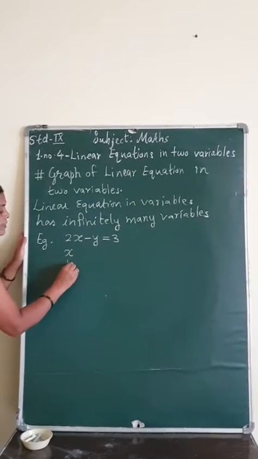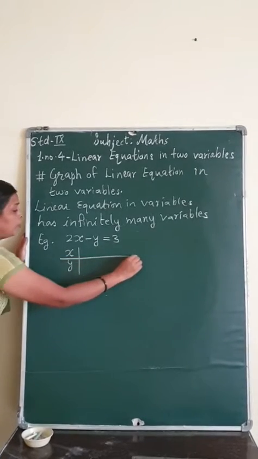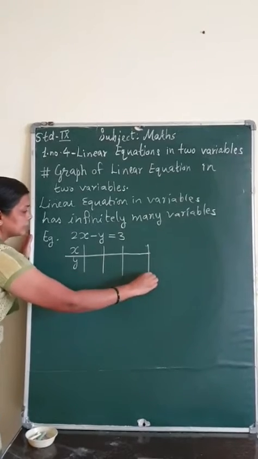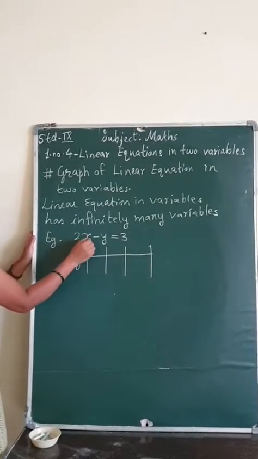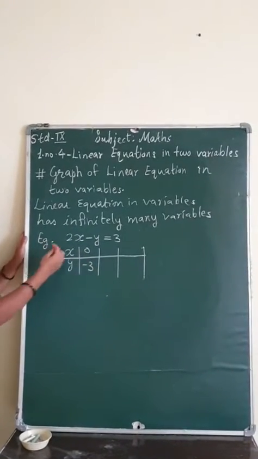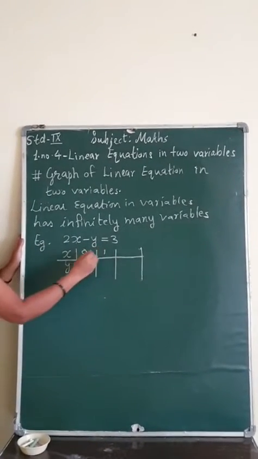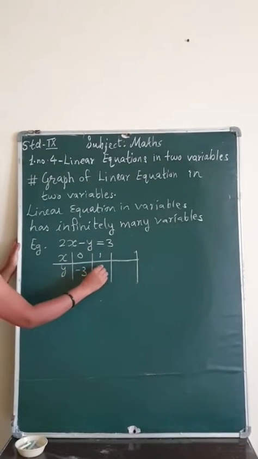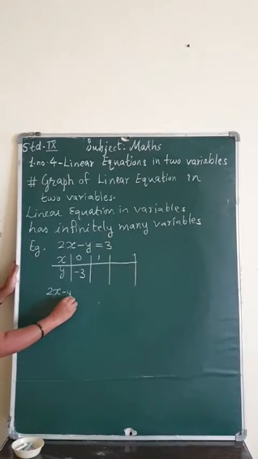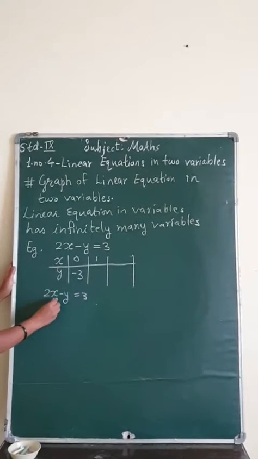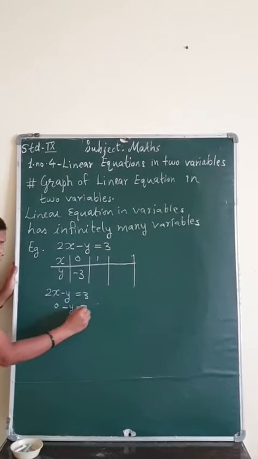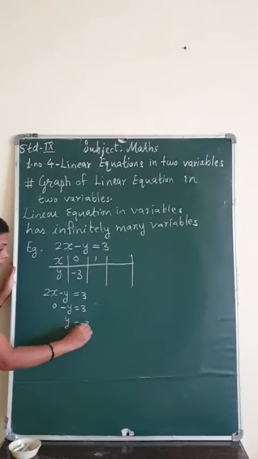If we take x and y values in a tabular form, if x is 0, then y will be minus 3.